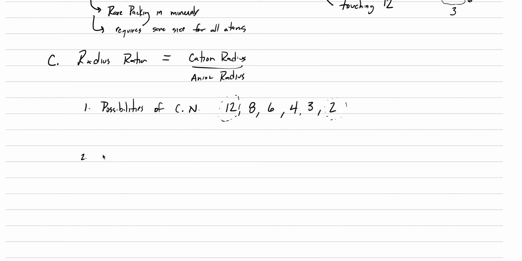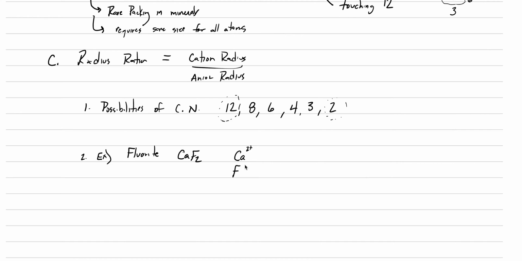So let's go to number 2 here. Our example is going to be done in the mineral fluorite. Fluorite has a chemical formula of CaF2, and that means we can break it down into its cation, calcium 2+, and fluorine, which is 1-. There are 2 of them, but it doesn't really matter for this.